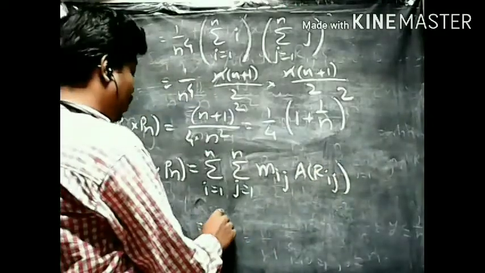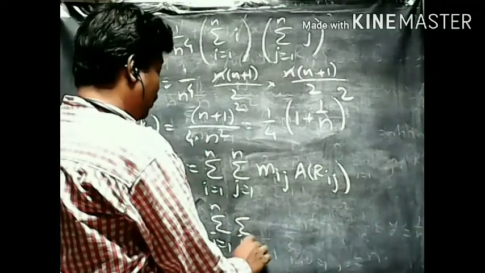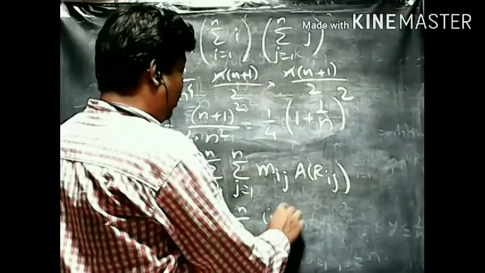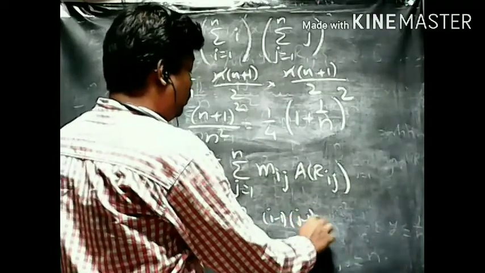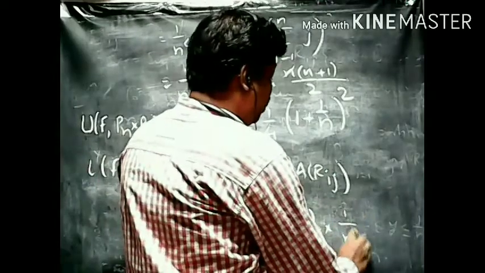So that will be equal to summation i from 1 to n, summation j from 1 to n, where small mij is (i minus 1) into (j minus 1) by n square, into area of Rij, which is 1 upon n square.